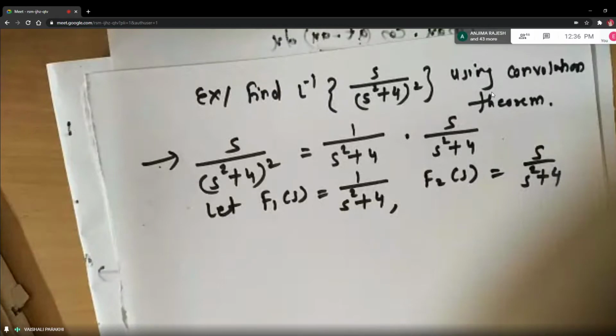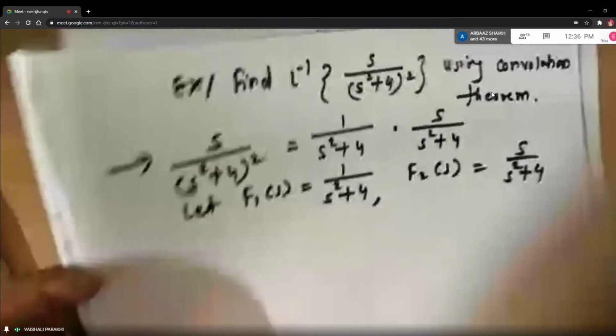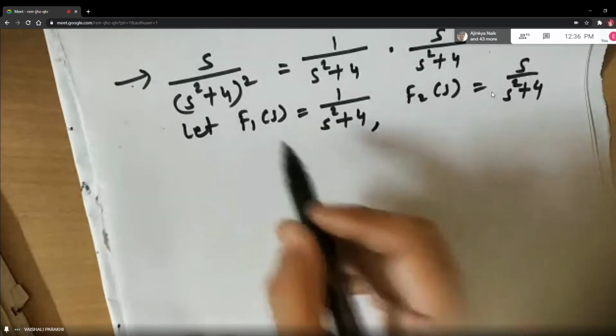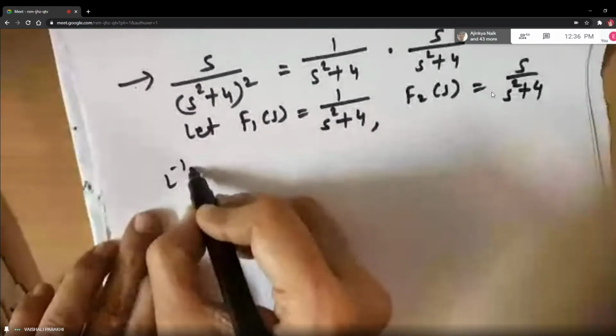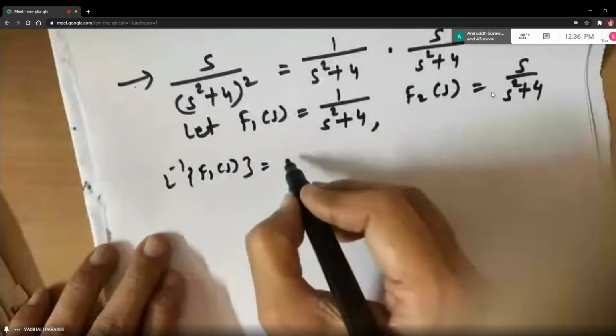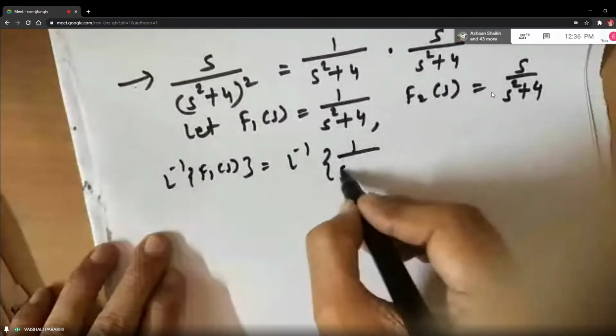I'm doing exactly the same thing which I did in the previous problem. Only the function is a little bit changed. Now, after splitting, denote f1 of s and f2 of s. What is the next step? Find L inverse of f1 of s. That is L inverse of 1 upon s square plus 4.